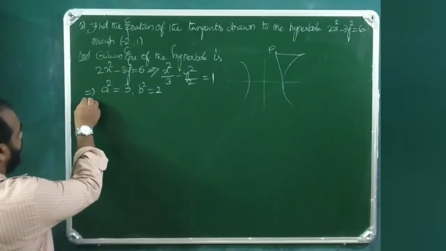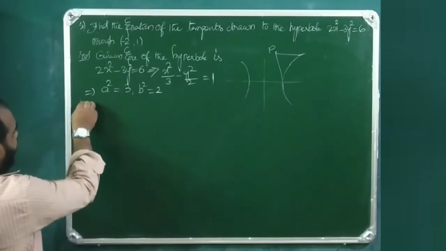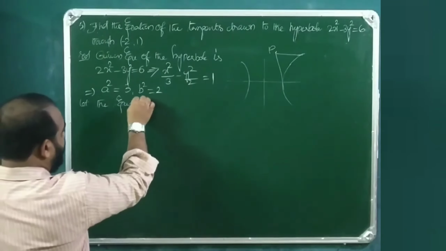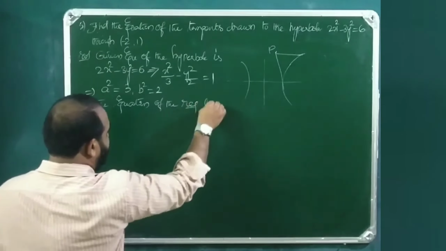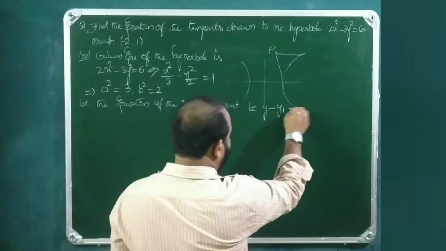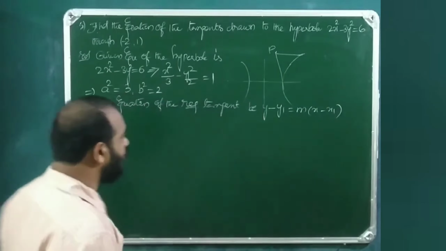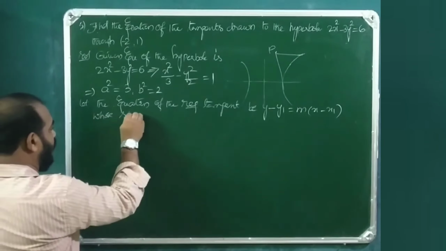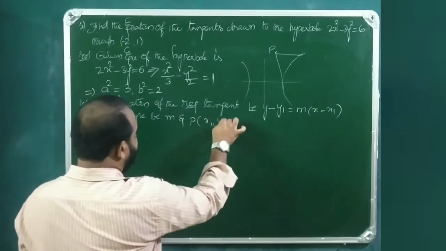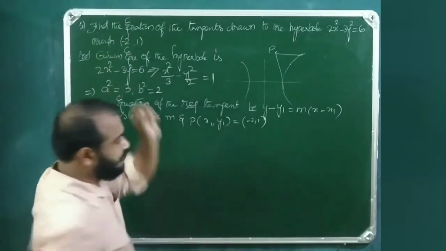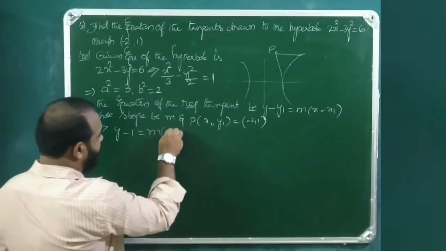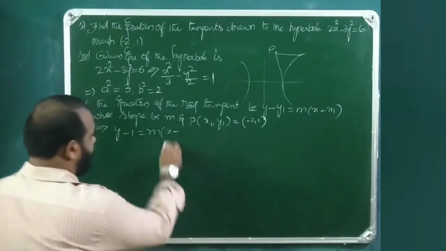So, let the equation of the required tangent, whose slope is m, be y minus y1 equals m into (x minus x1), and the point P(x1, y1) is (-2, 1). This implies y minus 1 equals m into (x minus (-2)), that is, x plus 2.